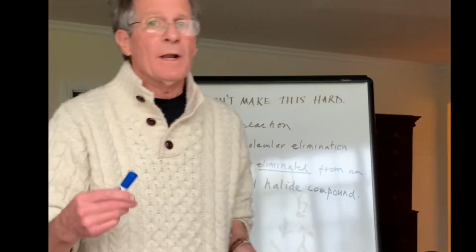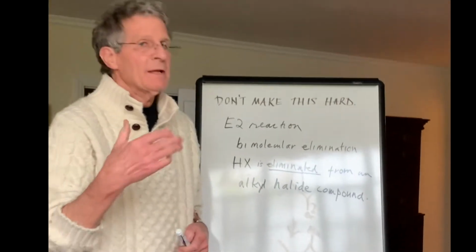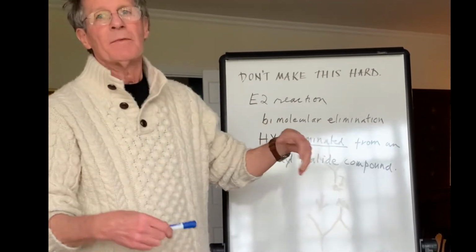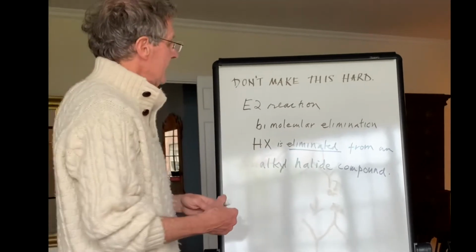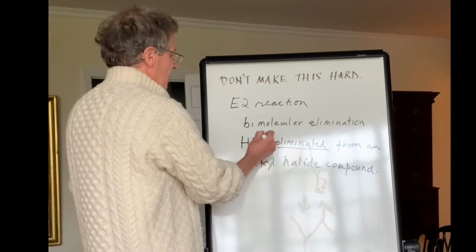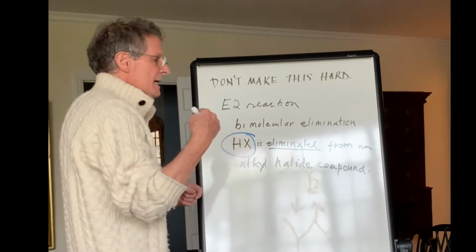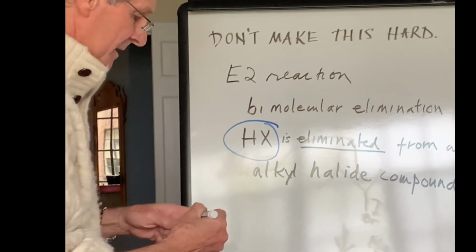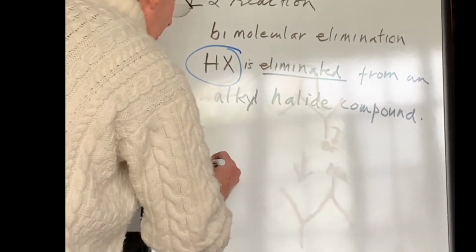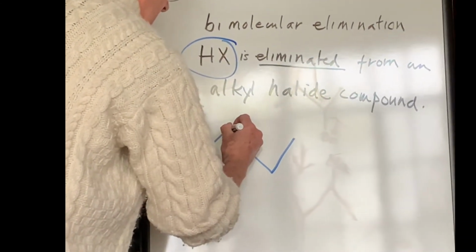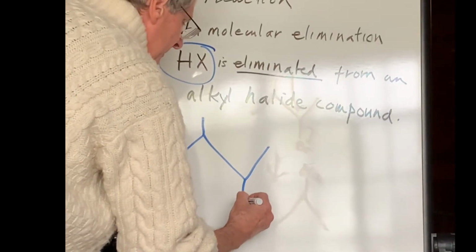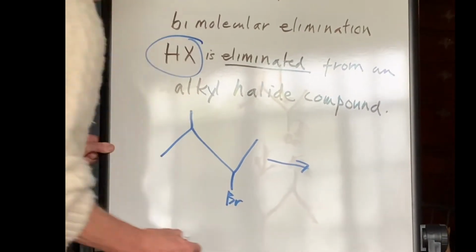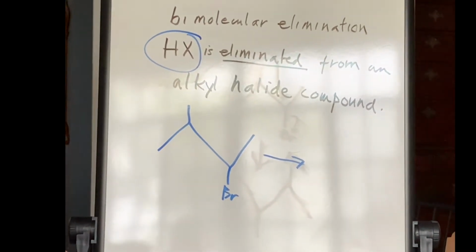The second good reaction is an elimination reaction. In an E2, that is, E2 reaction is a bimolecular elimination reaction. It's elimination because a molecule, HX, is pushed out of an organic molecule. So in this reaction, if we start with a compound like this, and we use a reagent, the reagent, it turns out, will be a base.